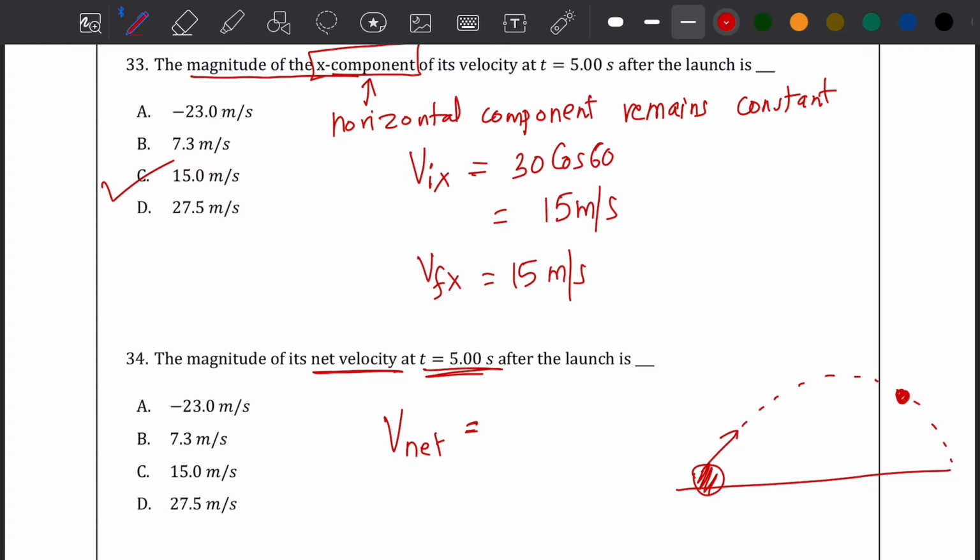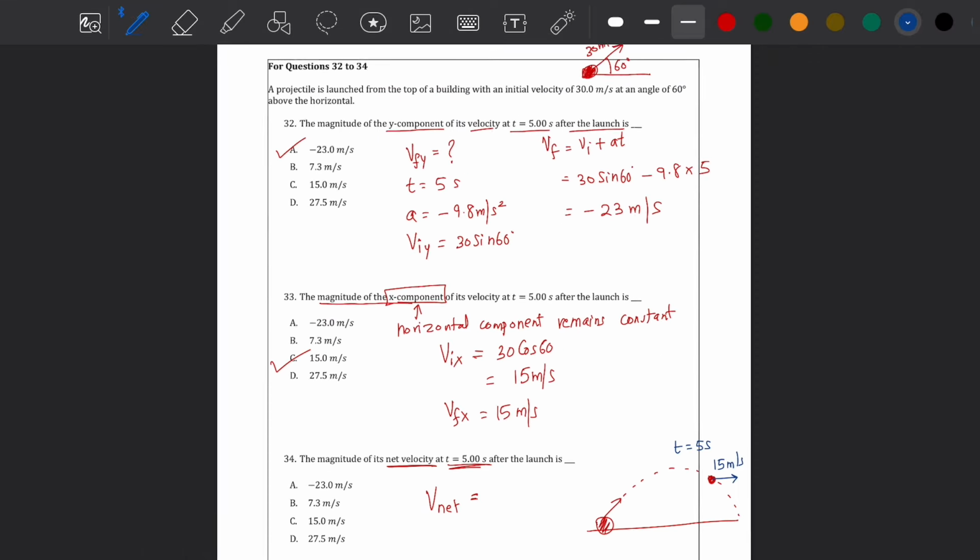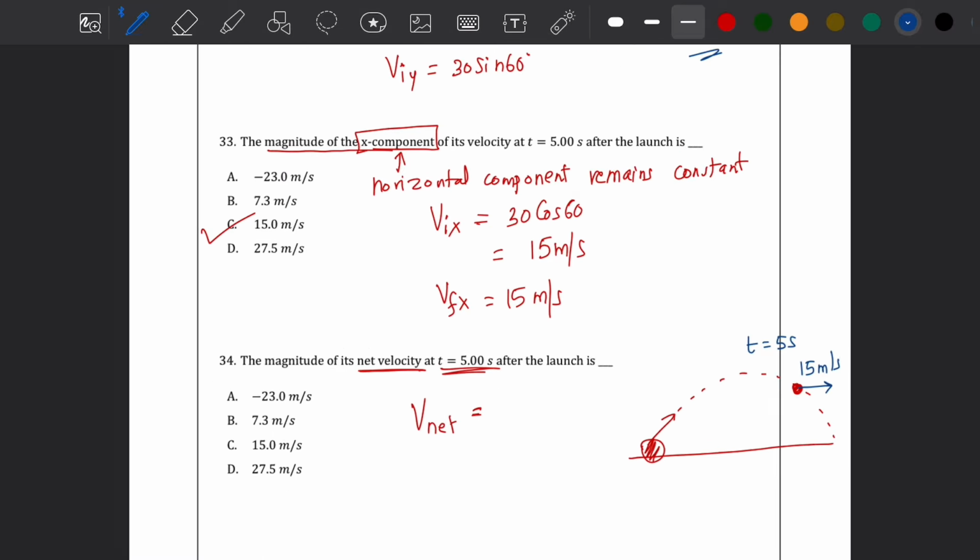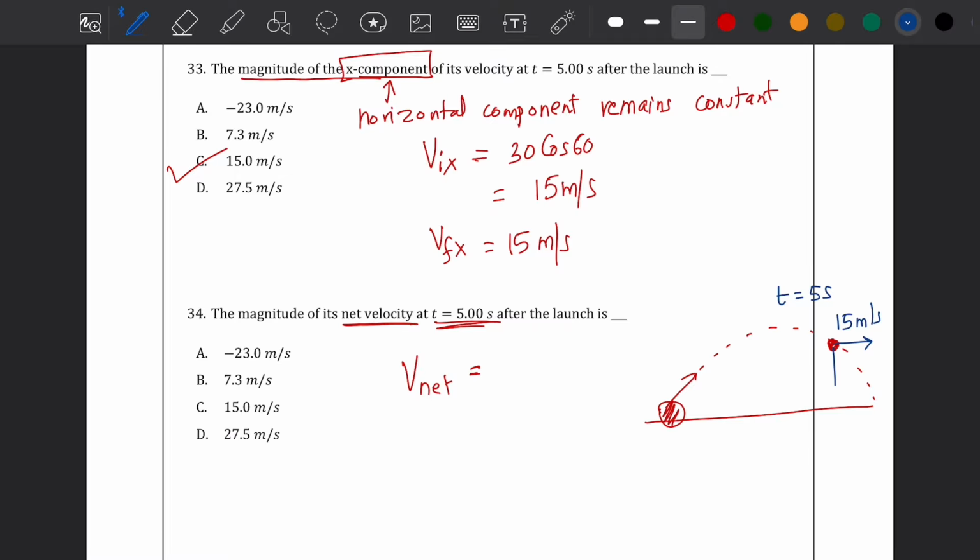The horizontal component of the projectile is 15 meter per second. This is after t equal to 5 seconds. We already found the horizontal component is 15 and we also found the vertical component is negative 23. So we can draw it. This is negative because it's going down, so 23 meter per second. I'm not writing negative because I showed that it is going down.